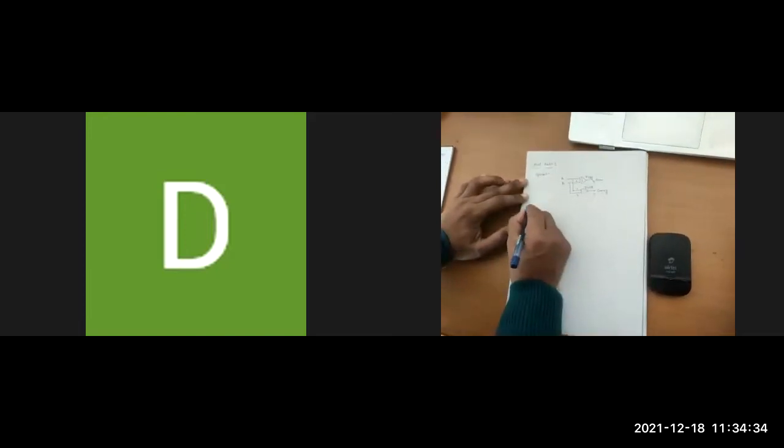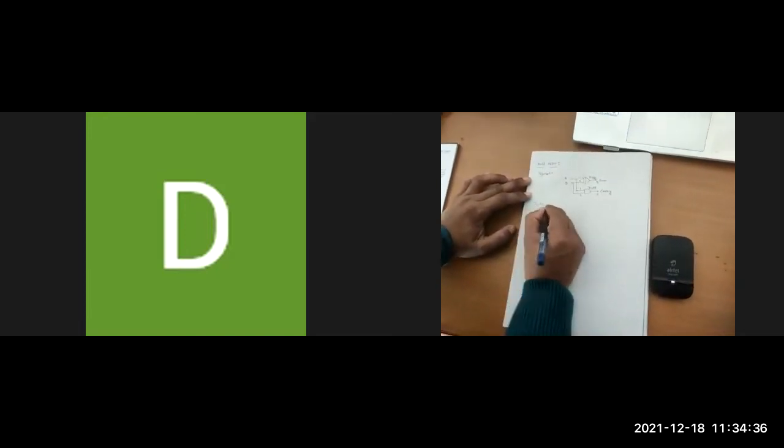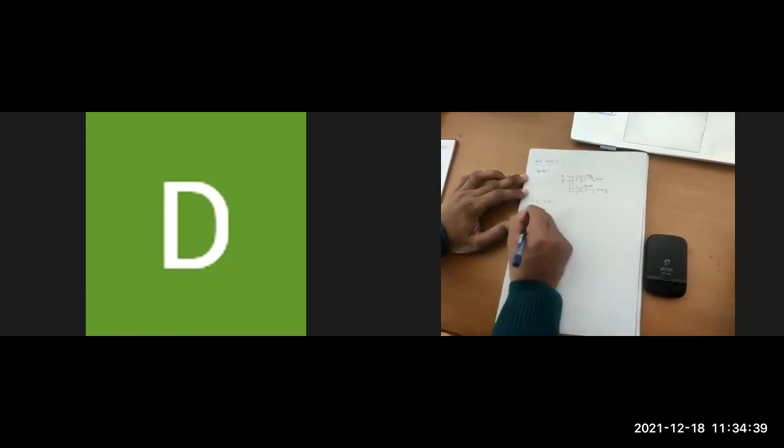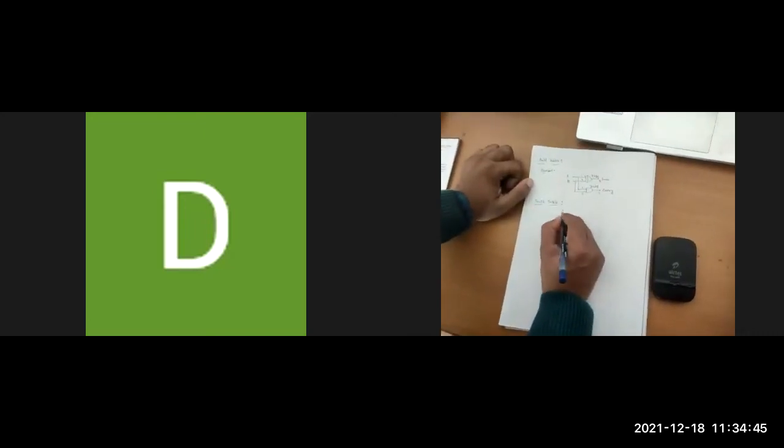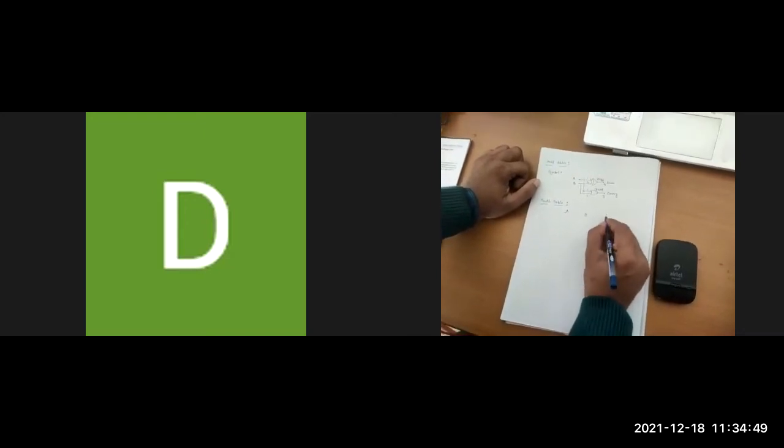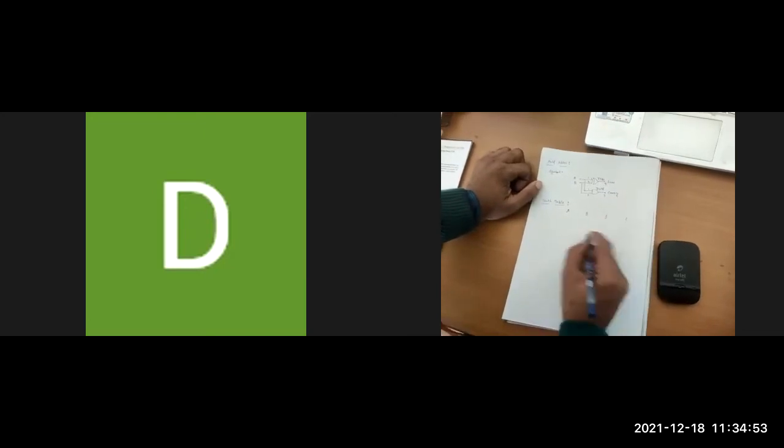Now the truth table. We have two inputs, A and B, and two outputs, S for sum and C for carry. For two inputs we get four combinations: 0 0, 0 1, 1 0 and 1 1.